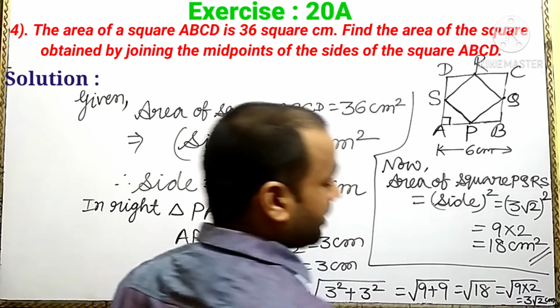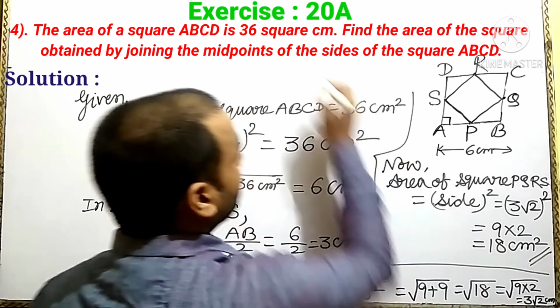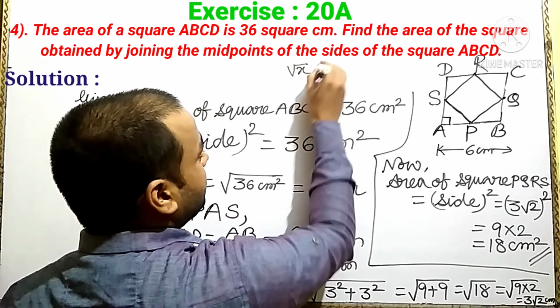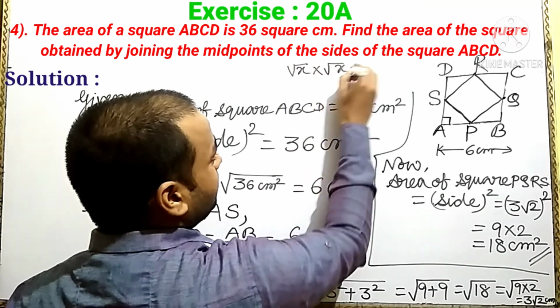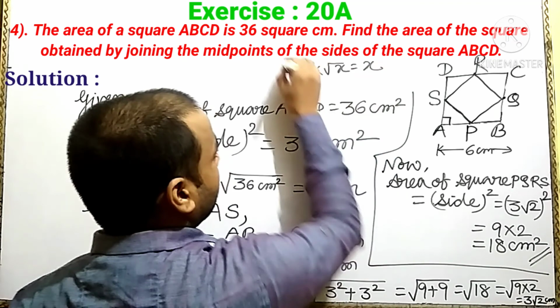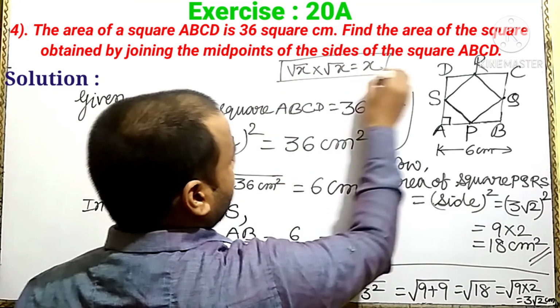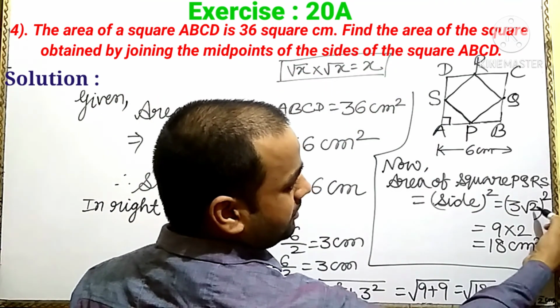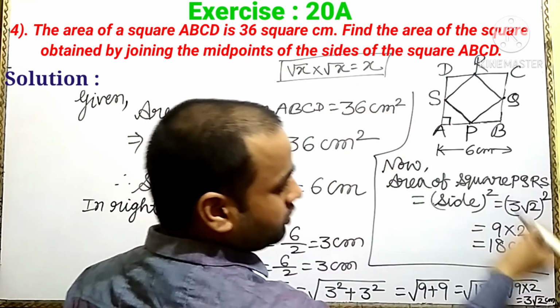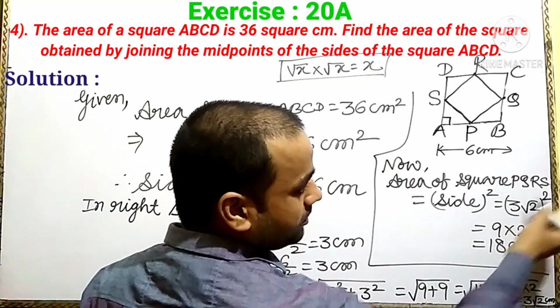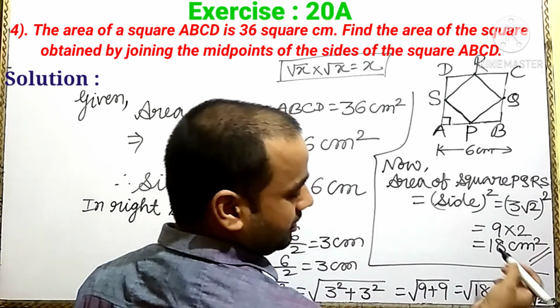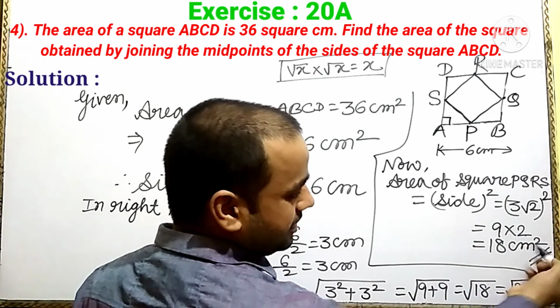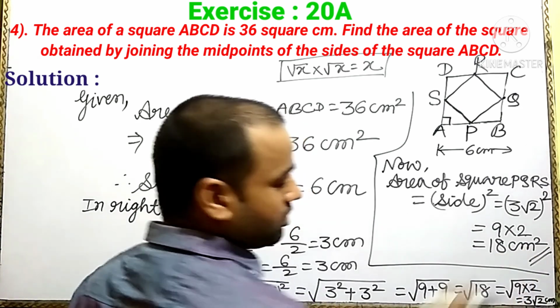This is your required answer. Always remember root x into root x is equal to x. So root 2 square means root 2 into root 2 is equal to 2. Square of 3 means 3 into 3 is 9. 9 into 2 is 18 square centimeter. This is your required answer.